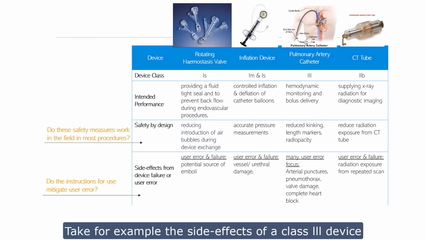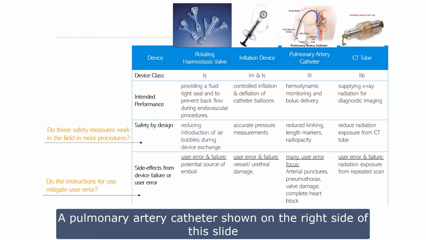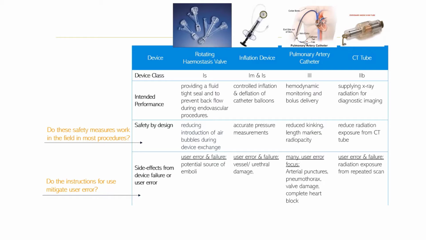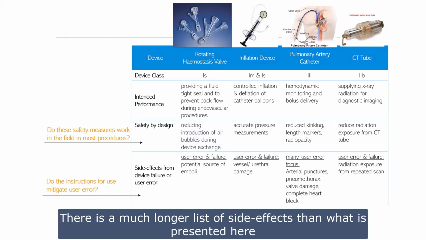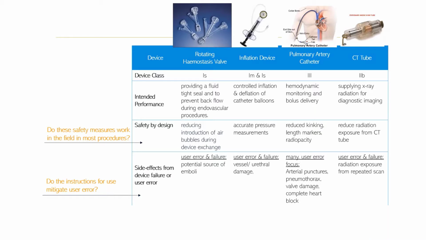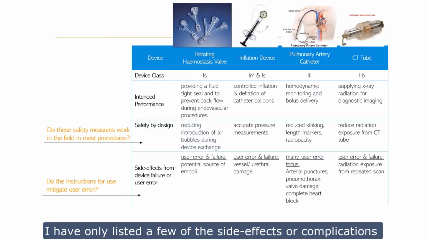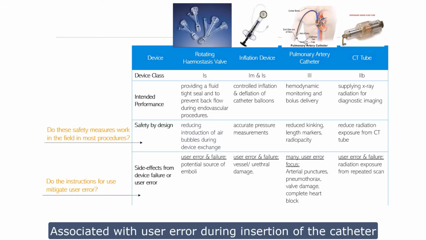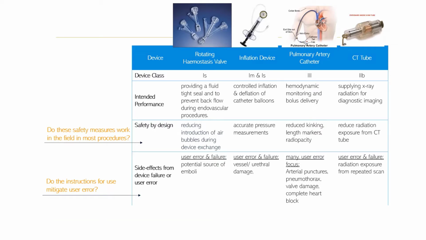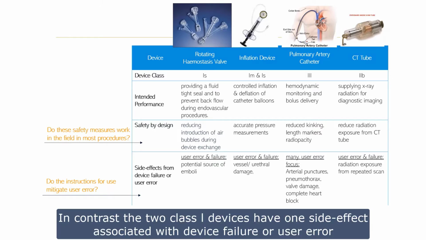Take, for example, the side effects of a Class 3 device, a pulmonary artery catheter, shown on the right side of this slide. There is a much longer list of side effects than what is presented here. I have only listed a few of the side effects or complications associated with user error during insertion of the catheter. In contrast, the two Class 1 devices have one side effect associated with device failure or user error.